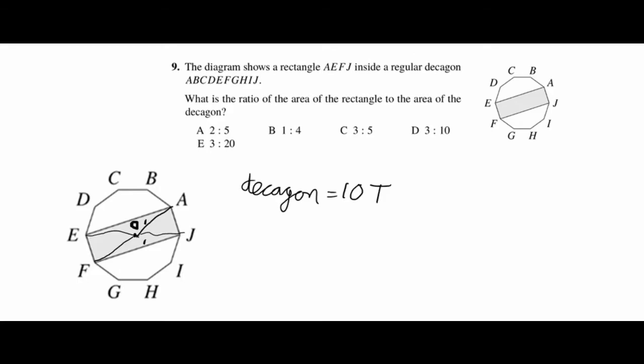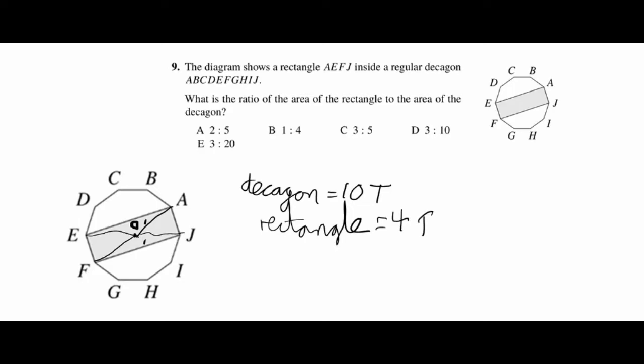And so this means that the triangles EOF and AOJ both have the same areas as the triangles EOA and FOJ. And this means that the rectangle is made up of 4 of those triangles that the decagon was made out of. So rectangle is equal to 4t.